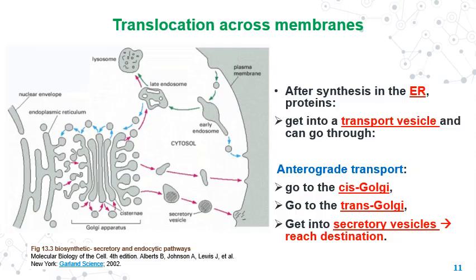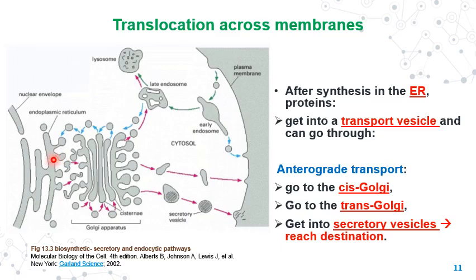Once you have your protein translocated to the rough ER, which is right here, you are going to do post-translational modification of the protein, and you are going to start to make it ready for further translocation and deliver it to the destination where it has to go.